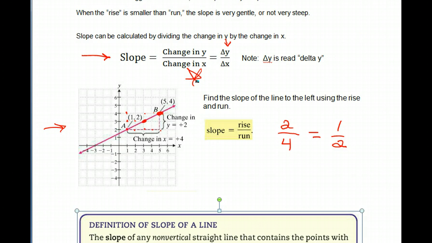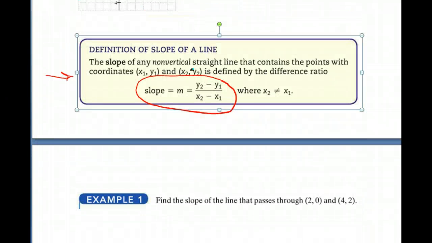When we're finding the change in something, we're technically subtracting. So in order to find the slope when you're given 2 points, you're going to subtract your y values and subtract your x values. Now, as you're going to notice, that slope formula says that we're going to put y2 minus y1 over x2 minus x1.